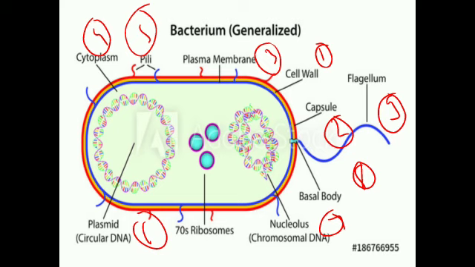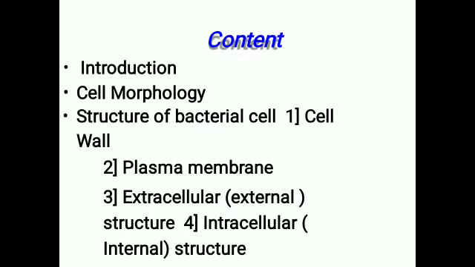First we discuss the introduction of the bacterial cell, then cell morphology as we discussed in the previous lecture. Then the structure of the bacterial cell includes the cell wall, plasma membrane, extracellular or external parts, and internal or intracellular parts.